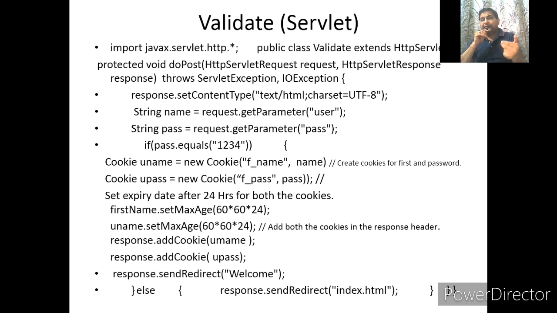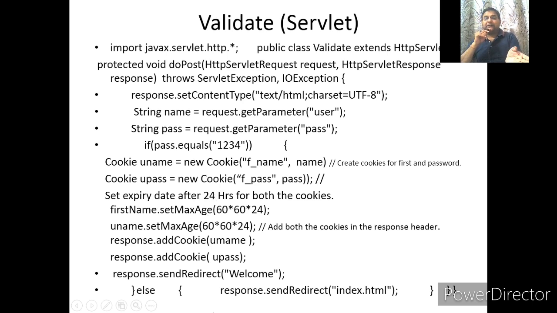We can set the cookie age also. As we know, we should limit the cookie age so that it cannot be misused by any hacker. So setMaxAge is used for setting the age of cookies, up to how long your cookie will be saved at the client machine.